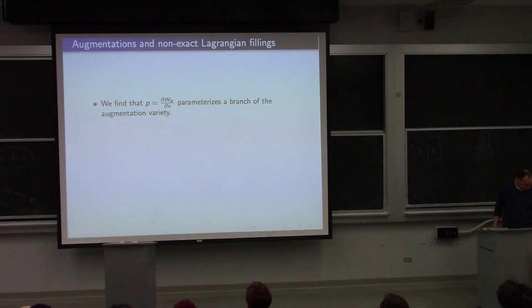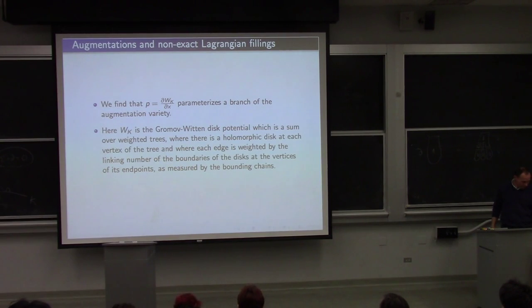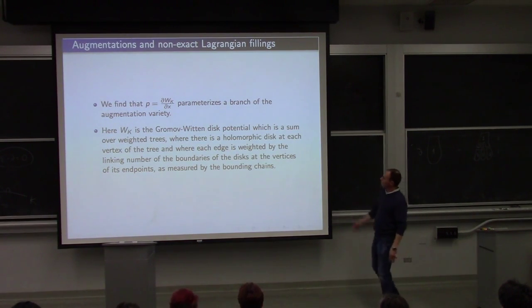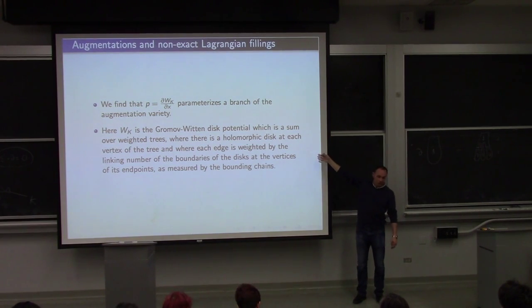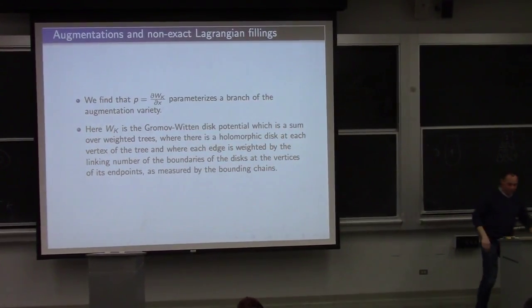And now, this also I said, somehow you see here that this Gromov-Witten disk potential needs to be a little bit modified from just counting disks.